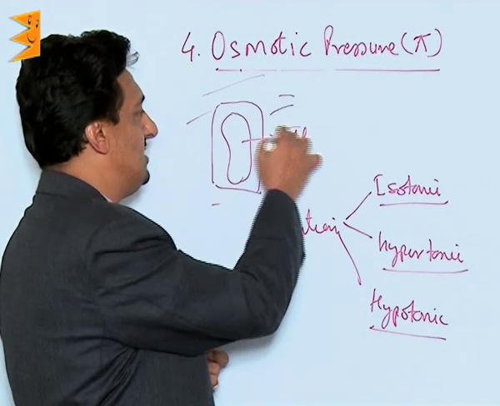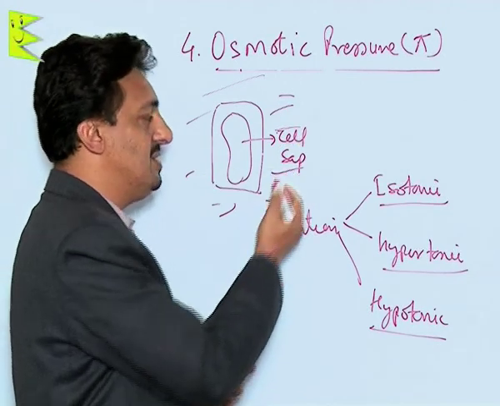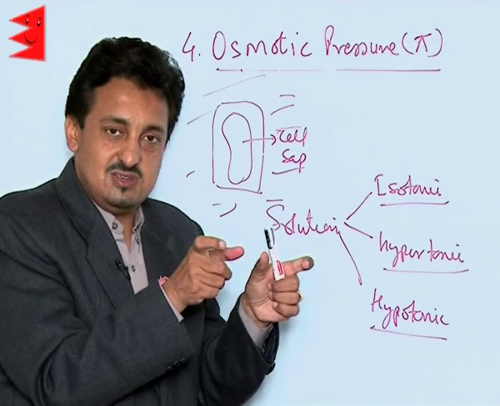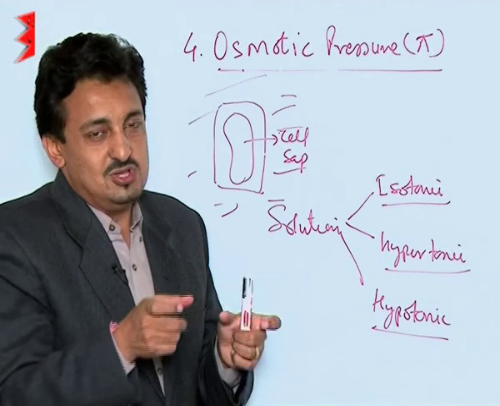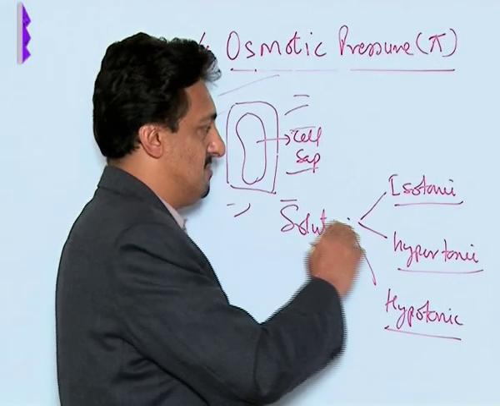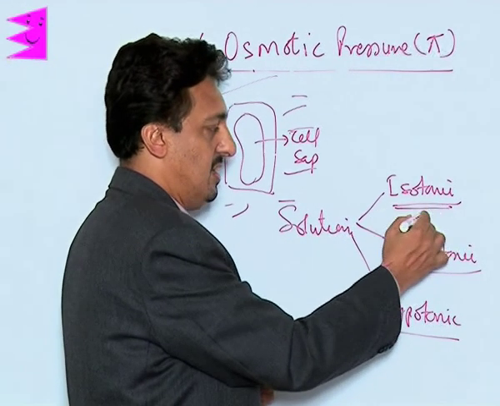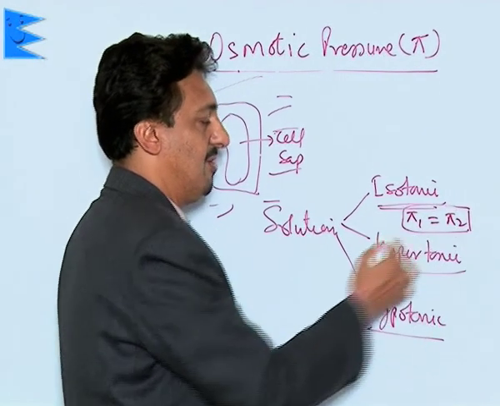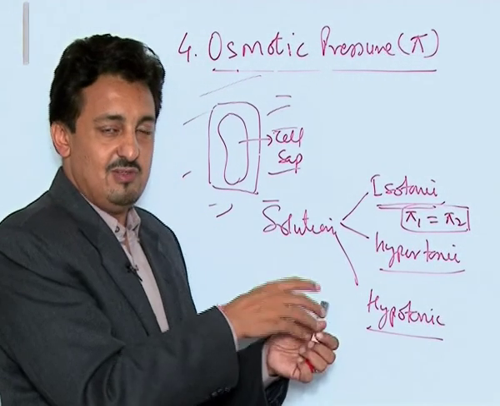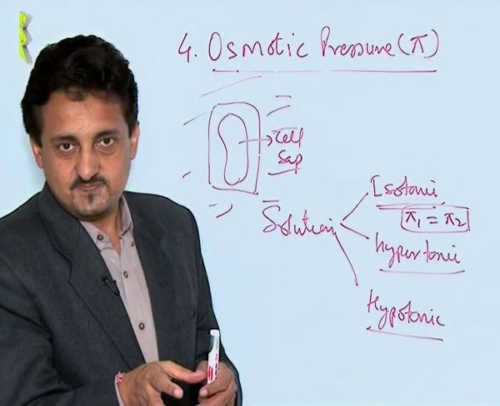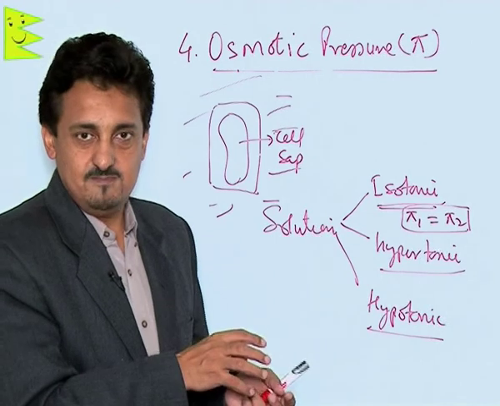When the outside solution's concentration is equal to the cell sap's concentration, or if the 2 solutions have the same concentrations, we say that both the solutions are isotonic to each other. And in this case, remember, once we say isotonic, the pi of one of the solutions will be equal to the pi of the other. That means the osmotic pressure created in one solution will be equal to the osmotic pressure created in the other one. So their pi's will be the same.